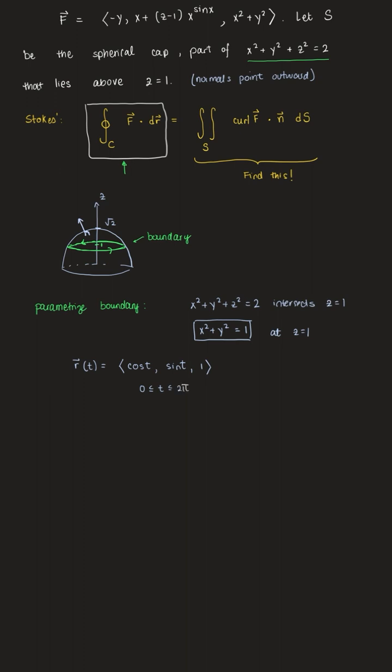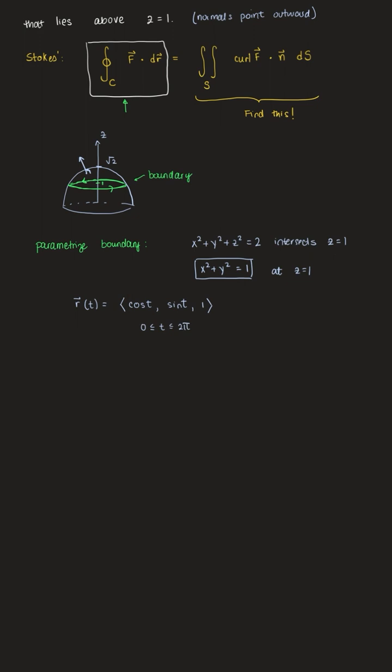Okay, now remember how we evaluate our line integral, right? It's over our closed curve, F dot dr. The way that we evaluate this is we evaluate the vector field along the parametrized curve, and that's a dot product with r prime of t dt, from t equals a to t equals b.